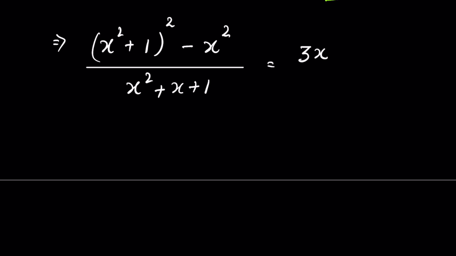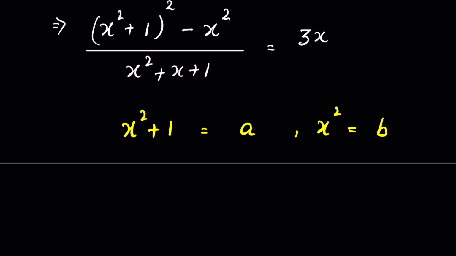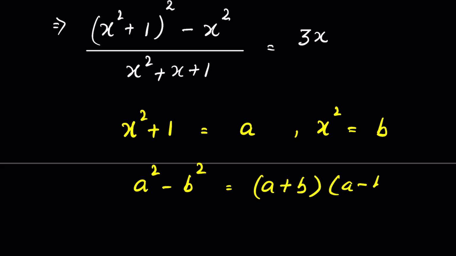Again, if you consider x square plus 1 is equal to a and x square as b, then this is in the form of a square minus b square, difference of squares, and this we can expand as a plus b times a minus b.